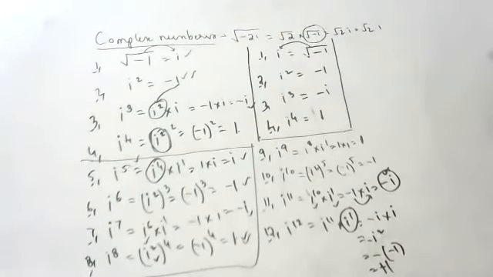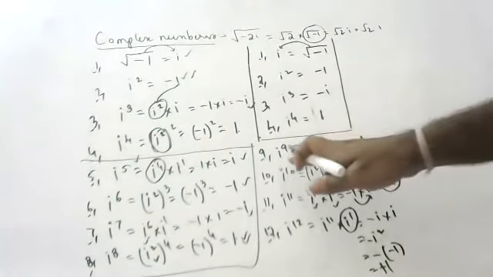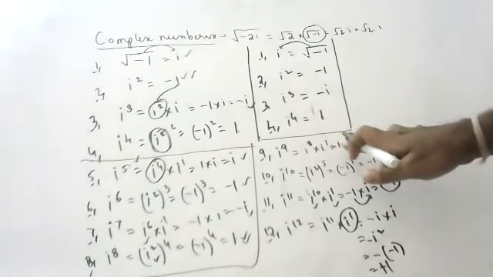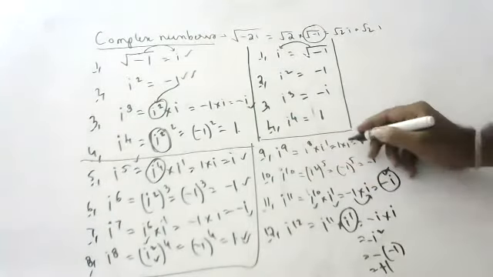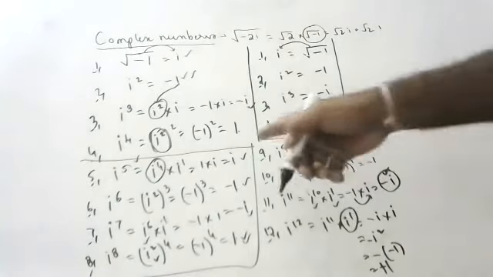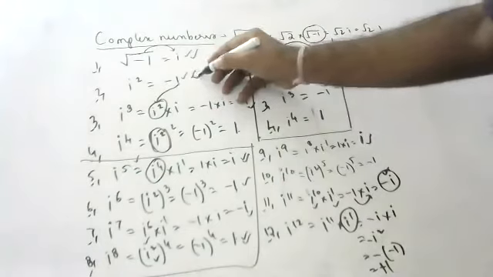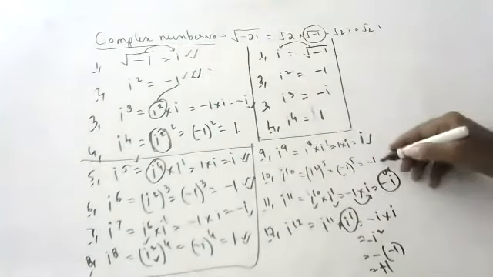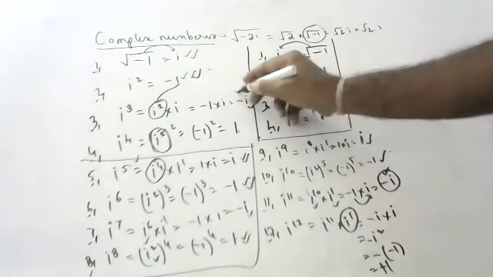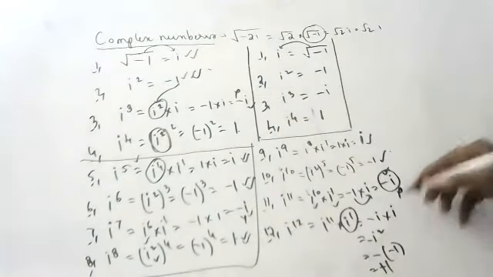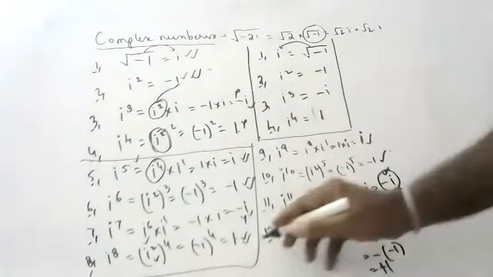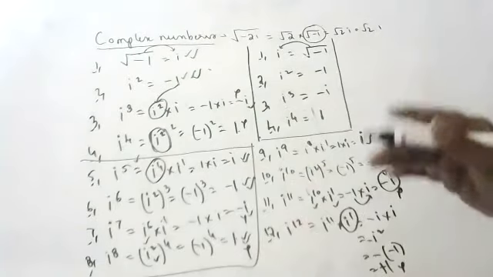What I want to show you, children: the first answer is I, I, I. The second answer is minus 1, minus 1, minus 1. The third answer is minus I, minus I, minus I. The fourth answer is 1, 1, 1.